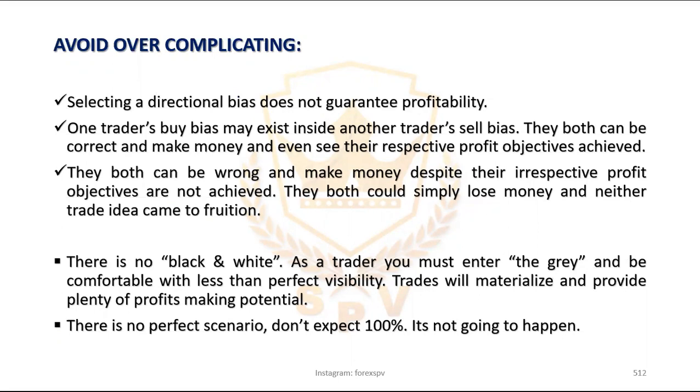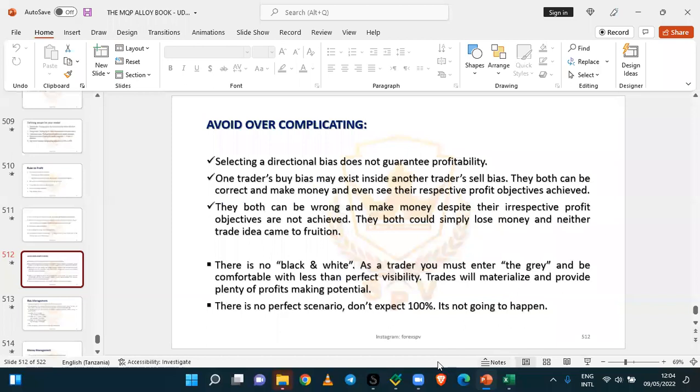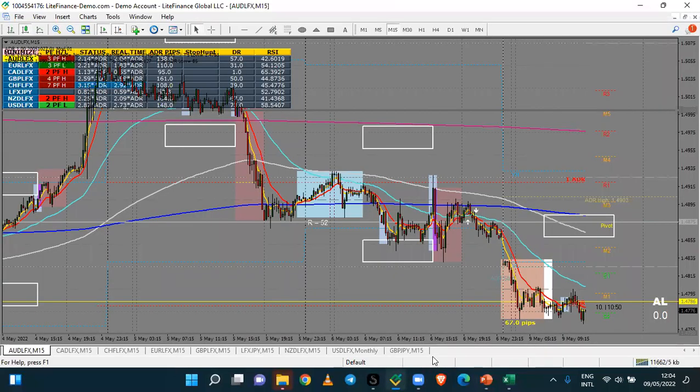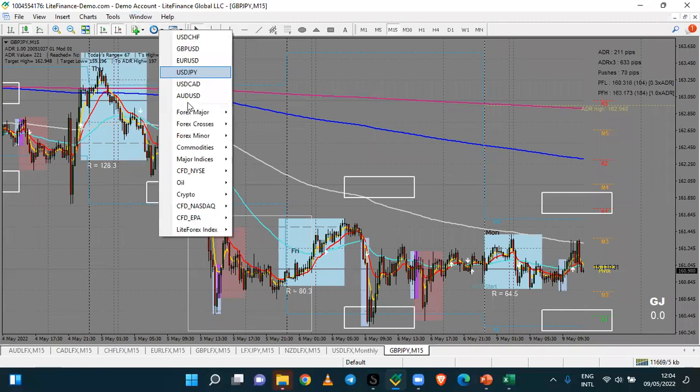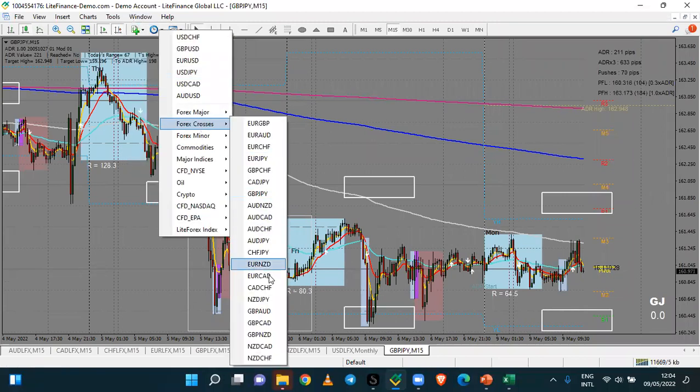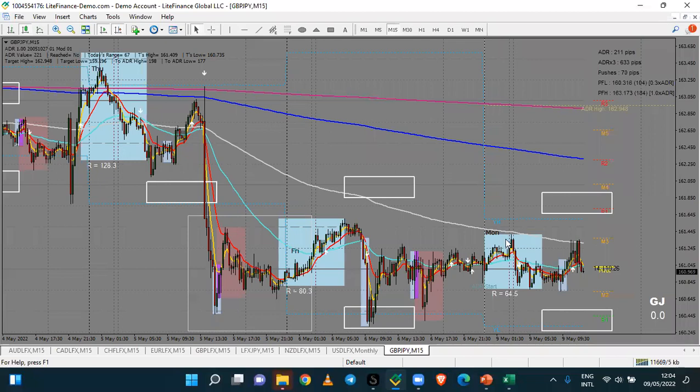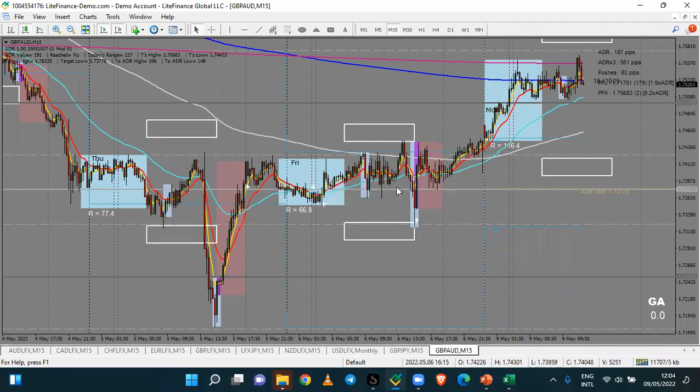For example, last week on GBP, on Friday, I would trade here. See this trade. The peak was here. We had a peak formation low.